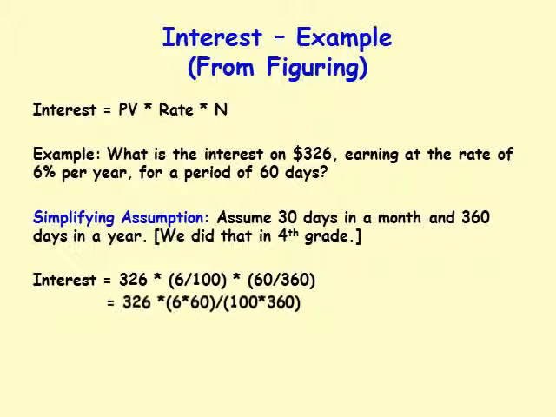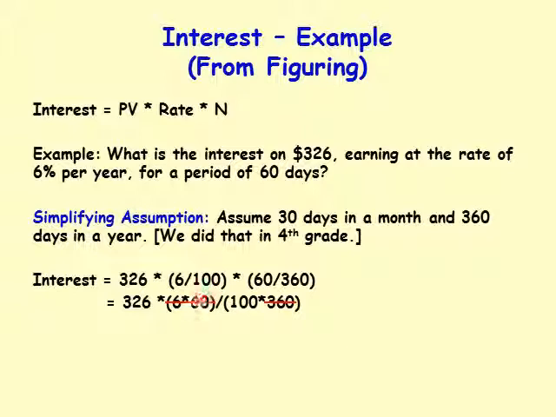Let's continue here. So that's equal to 326 times 6 times 60. I'm just trying to multiply first horizontally, first the numerators, 6 times 60, and then the denominator, 100 times 360. Okay, let's continue here. Now here is 360, 6 times 60, and 360 in the denominator. So we can cancel them out.